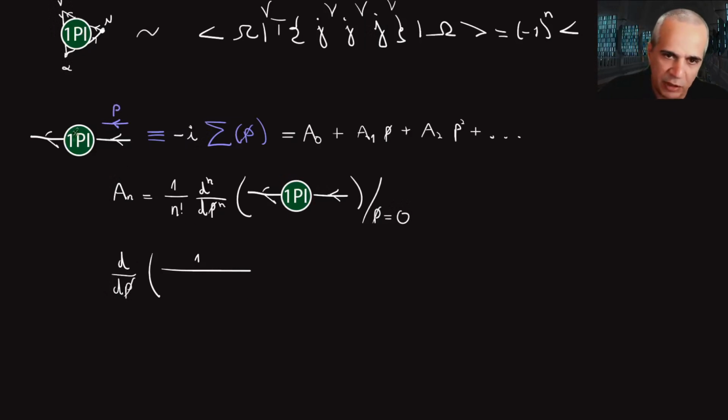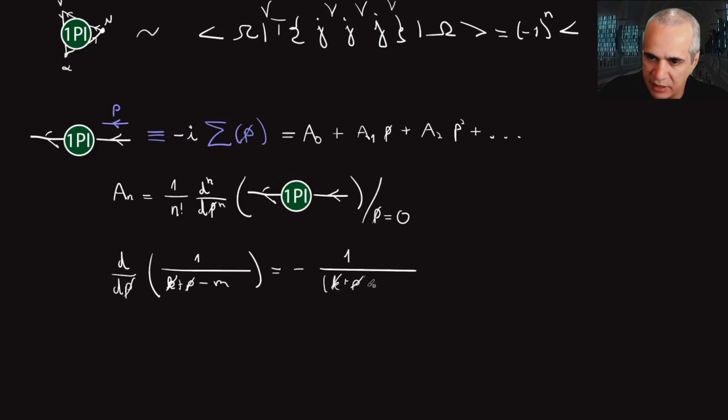And it will eventually pass inside some loop, right? This derivative acting on p slash will find a term that looks like 1 over k slash plus p slash minus m, where m here is the mass of the electron, sorry, right? And this will become minus 1 over k slash plus p slash minus m, squared, right?